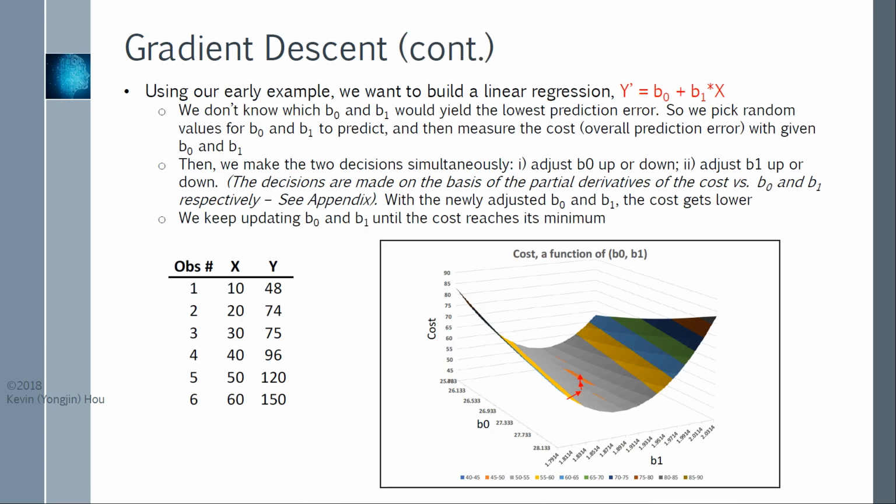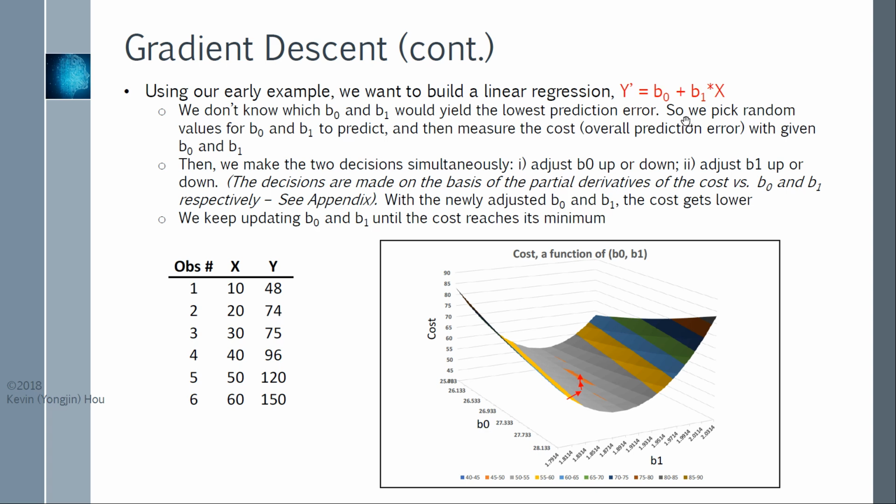Now let's use our earlier linear regression example again. We know this regression can be expressed in the form y prime equals b0 plus b1 times x. So the goal is to find the best b0, b1 that can yield the lowest prediction error. How to do that?